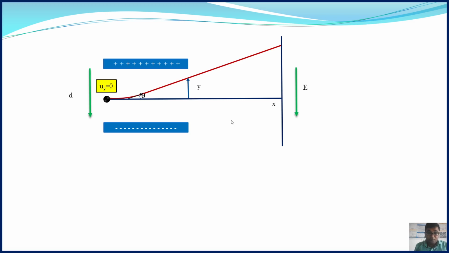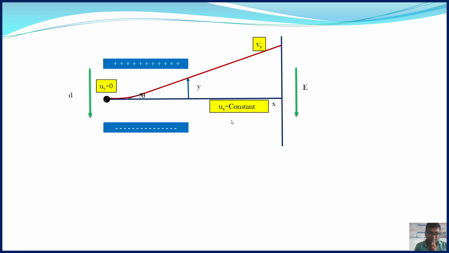So the velocity along the x-axis will remain constant, so ux will remain constant. The final velocity of the electron along the y-axis is vy. So the x velocity remains the same and the y velocity changes.